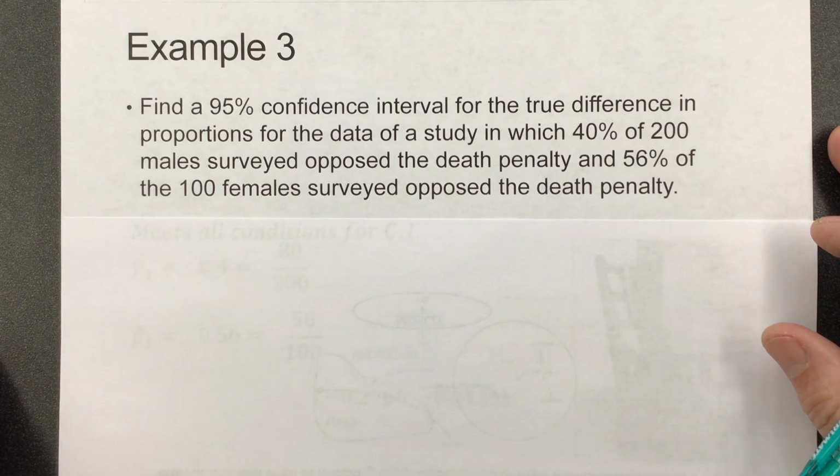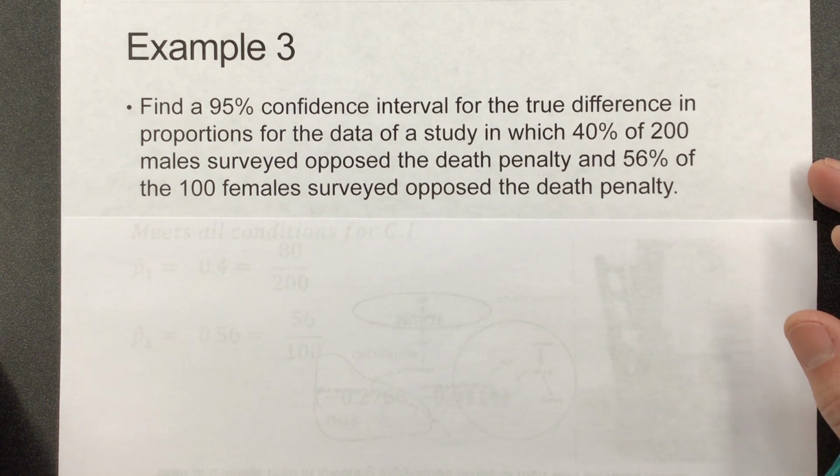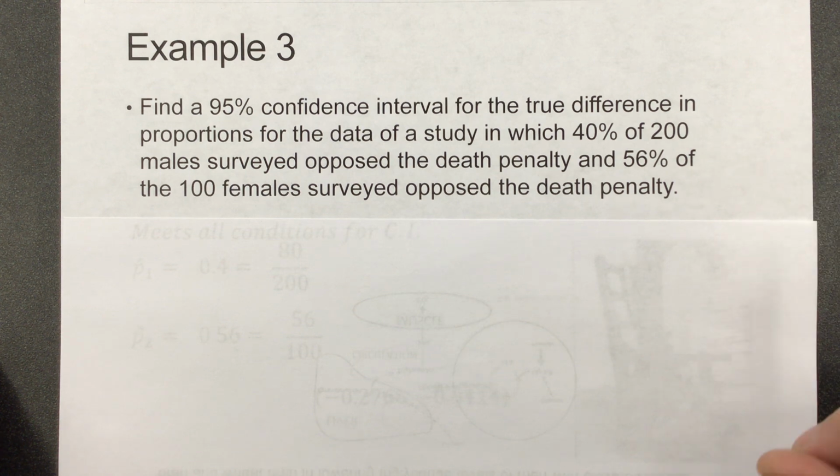Okay, let's do a 95% confidence interval for the difference in proportions for the data of a study in which 40% of 200 males surveyed opposed the death penalty and 56% of the 100 females surveyed opposed the death penalty. Okay, so checks.